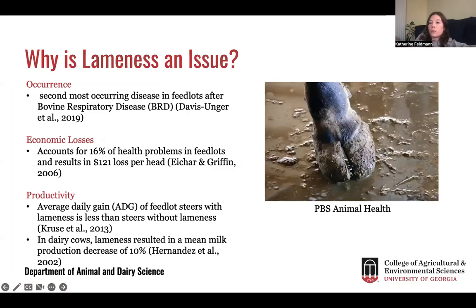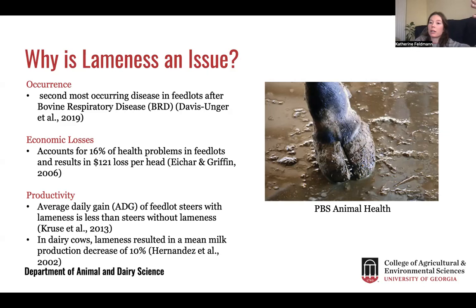So first and foremost, when you're looking at extension, you kind of want to take an issue in an industry and apply it to a way that producers understand. And the first thing is, when we have an issue, well, why is it an issue? So when you're looking at lameness, it's an issue because first, its occurrence. If you're looking at it through the feedlot lens, it's the second most occurring disease after bovine respiratory disease.